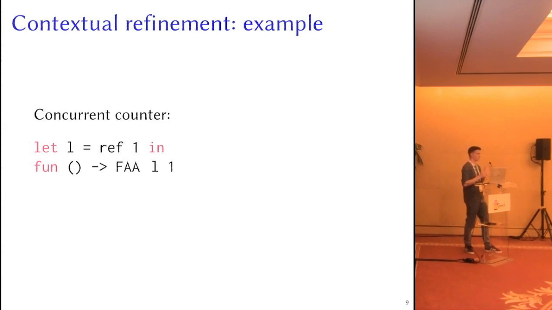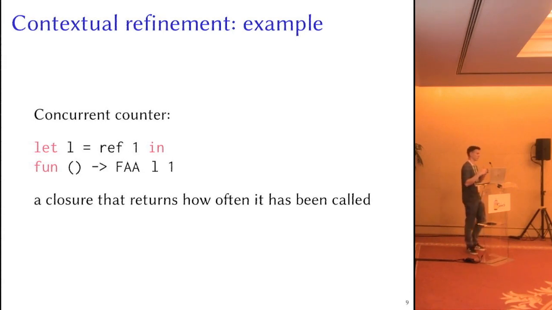Whenever you call this closure, it will use the fetch and add instruction to atomically increment the stored value in L by 1. Fetch and add will also return its old value. So whenever you call this closure, it will report to you how often this closure has been called. You can also call this closure concurrently and multiple times, and you can imagine using this in a profiling system, for example, measuring how often a function has been called.